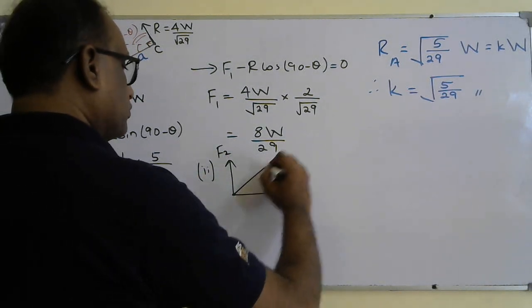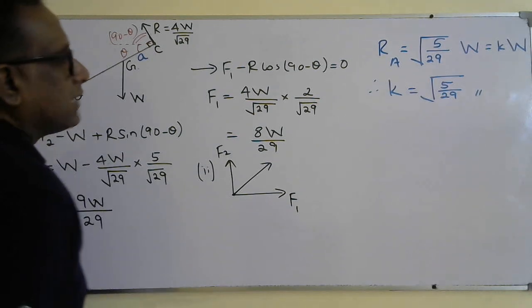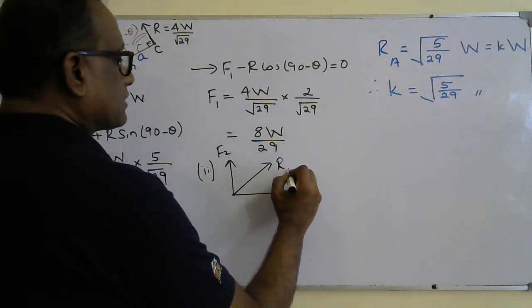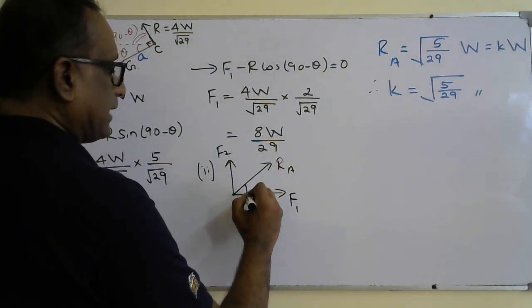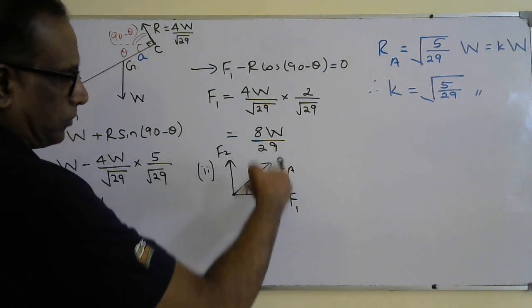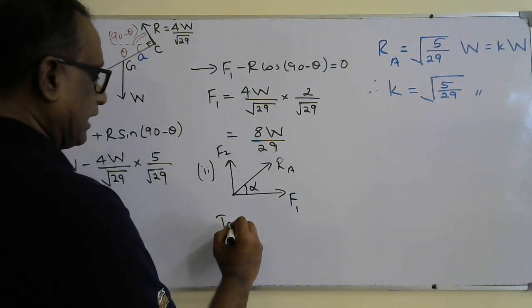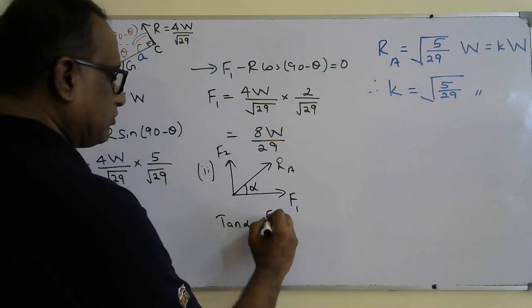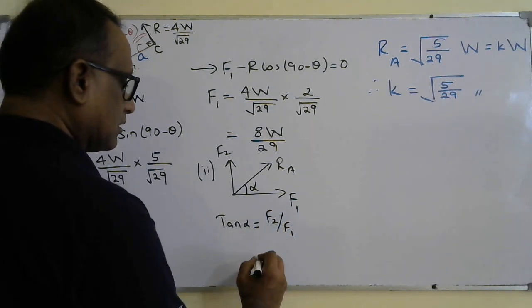The resultant force at A, that is RA, which makes an angle alpha. So tan alpha equals opposite, that is the vertical component of the force F2, over F1.